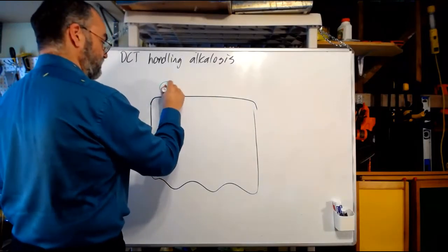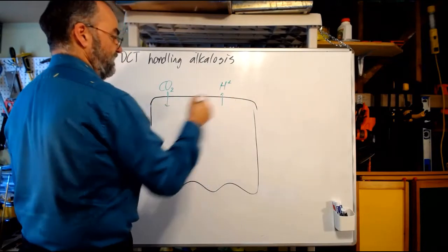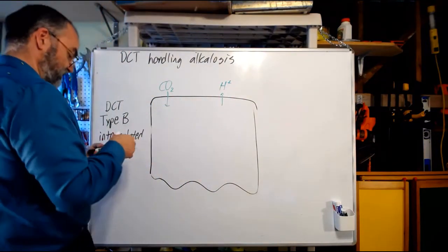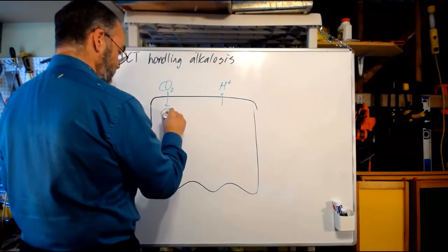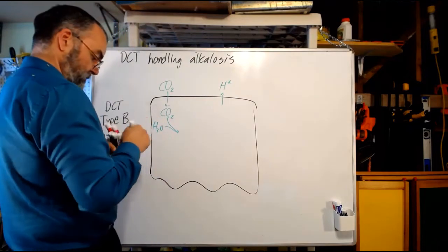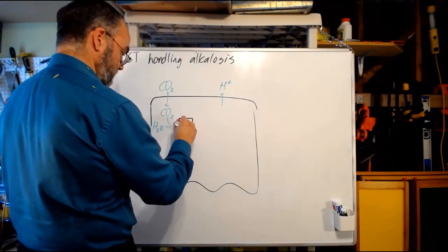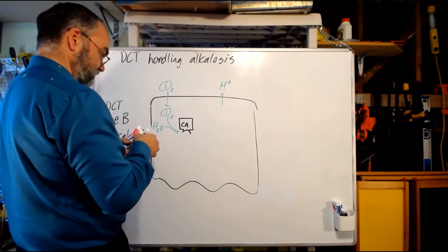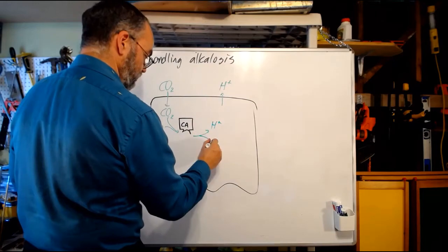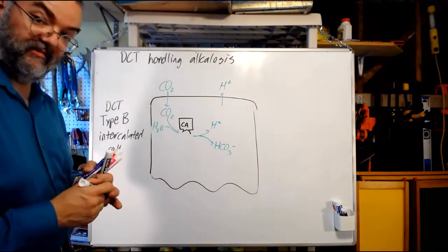So now my goal is going to be to take a CO2 in here and return a proton. Let's see how it works. If I bring CO2 in, I'm going to combine it with water using carbonic anhydrase to produce proton and bicarbonate.